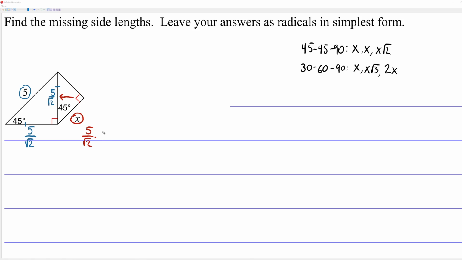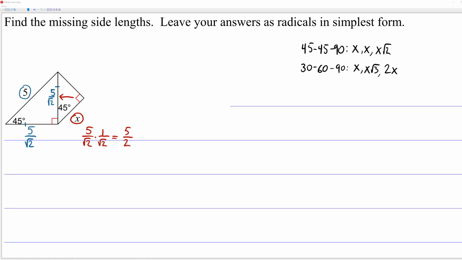And remember, dividing by a number is multiplying by the reciprocal. So multiplying by 1 over the square root of 2 is dividing by the square root of 2. So x is 5 over root 2 times 1 over root 2, which is 5 over 2. So x is 5 halves.